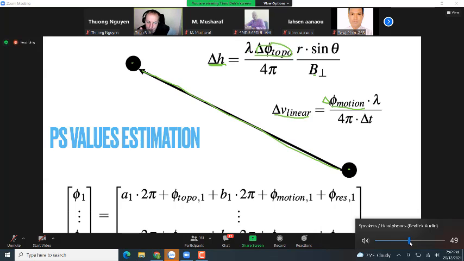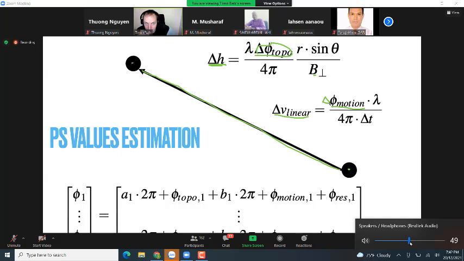So, given that, we can set up a set of linear equations and solve, for example, with least square estimations for the height difference and linear motion difference between these two.